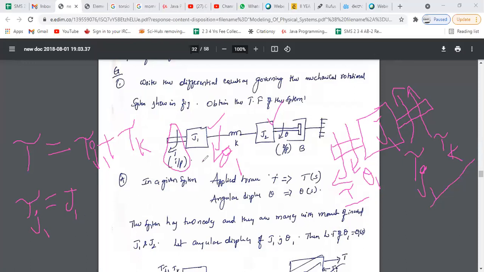Not J, here it is J1, just as they gave you M1, M2. J1 into d square theta1 by dt square. Theta1, sir. Right, d square theta1 by dt square.